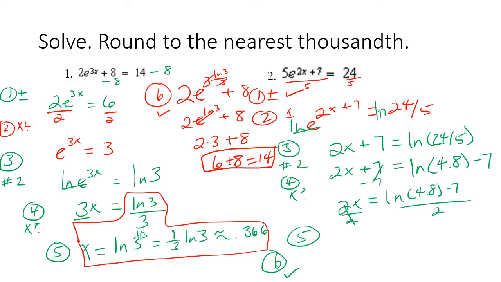So our exact value is x equals 1/2 the natural log of 4 and 8/10 minus 7. I have to make sure that's all divided, times a half.